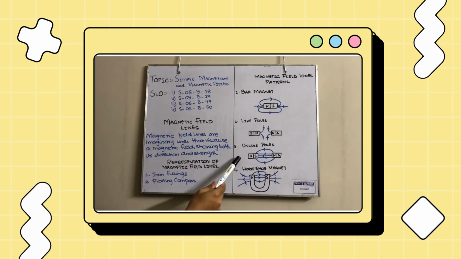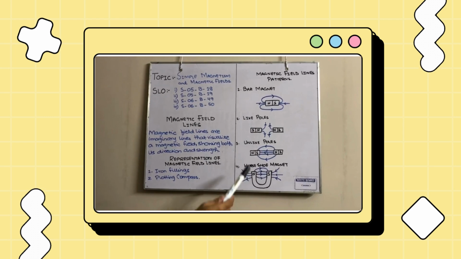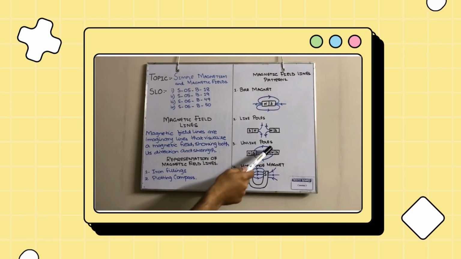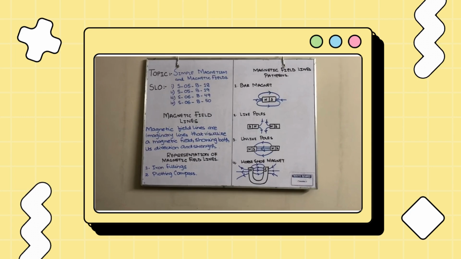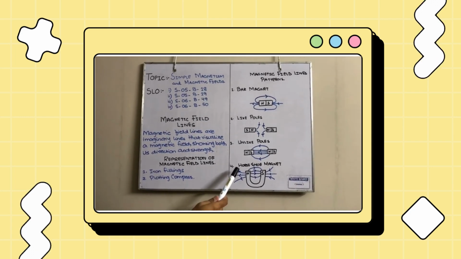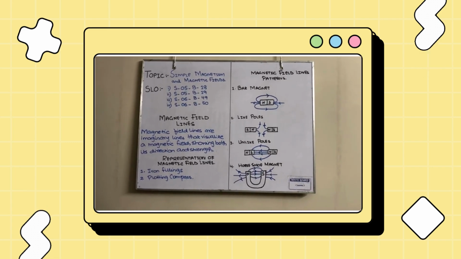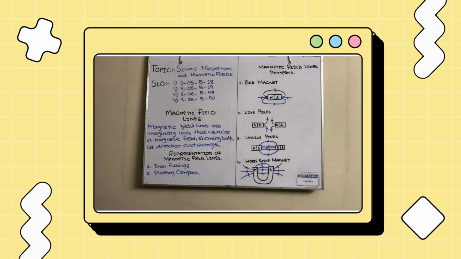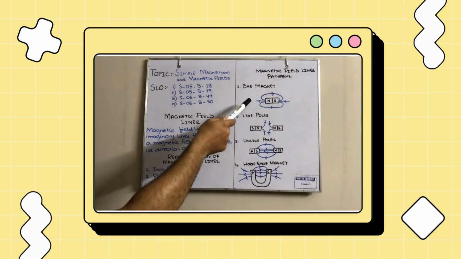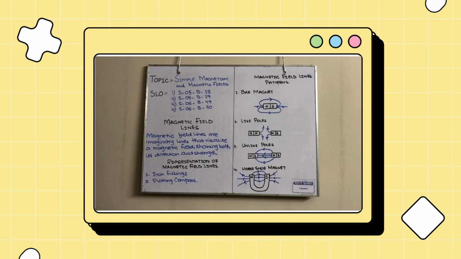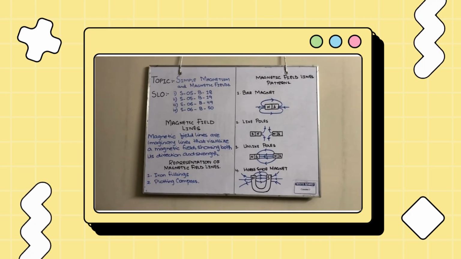Similarly, when we put unlike poles together, you will observe that a pattern of this kind will emerge. And last, a horseshoe magnet will represent this kind of magnetic field. Can you identify some common characteristics of the magnetic field lines from these diagrams?